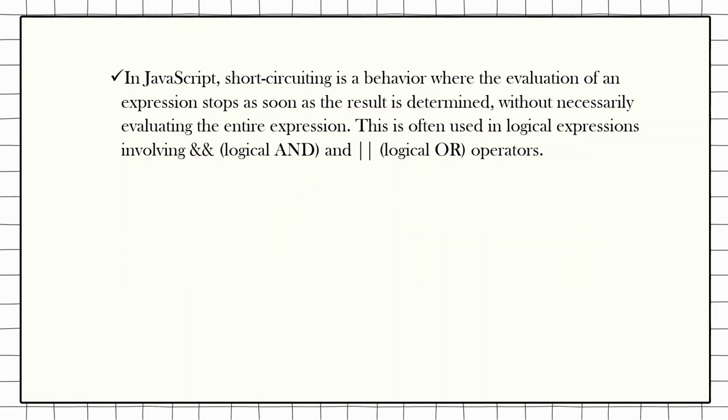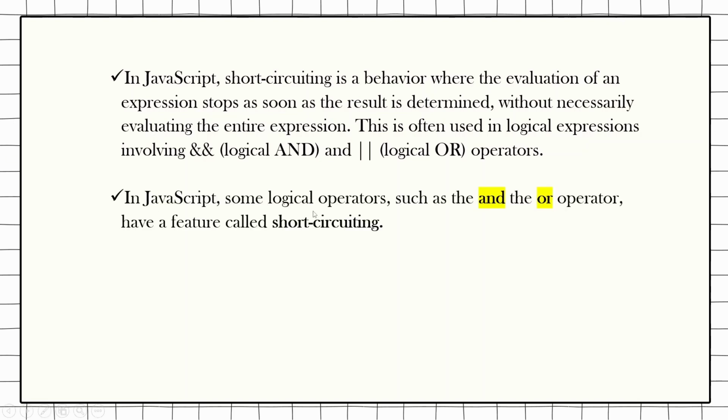For both of these operators, short circuiting works best, and using it, we can get our desired result. In JavaScript, logical operators like the AND operator and OR operator have the feature called short circuiting.